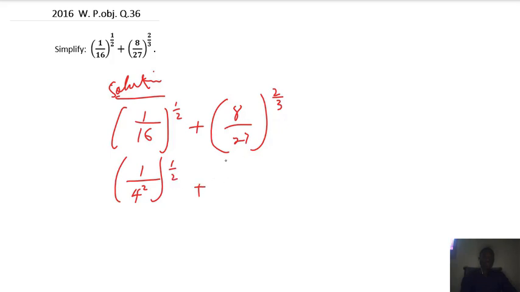Then 8 can also be written as 2 exponent 3, and 27 can also be written as 3 exponent 3, all to the power of 2 over 3.